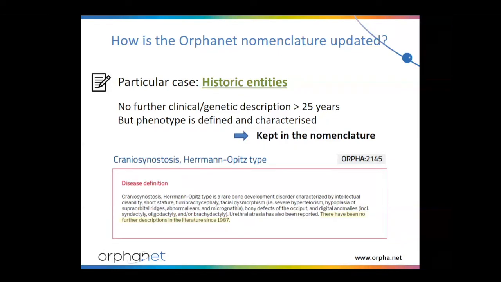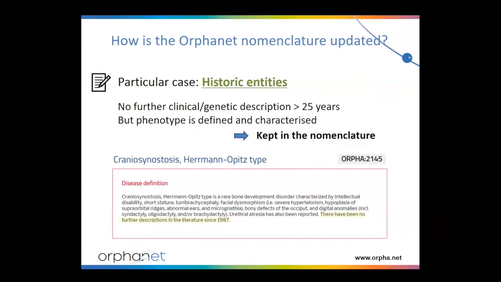But they are still considered as distinct phenotypes and are cited by reviews or in the differential diagnosis of newly described disorders. And a reassessment of the phenotype is possible, so we therefore keep them in the nomenclature. But we simply mention in the definition that there have been no further descriptions in the literature since, let's say, 1987.